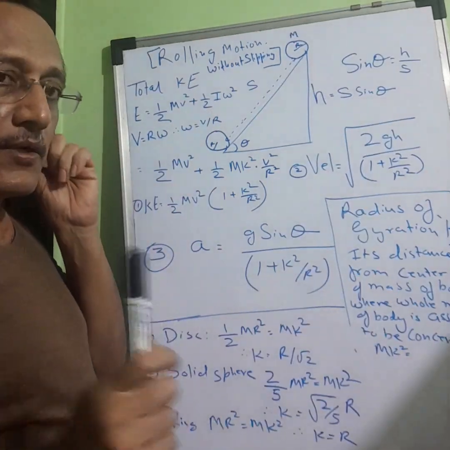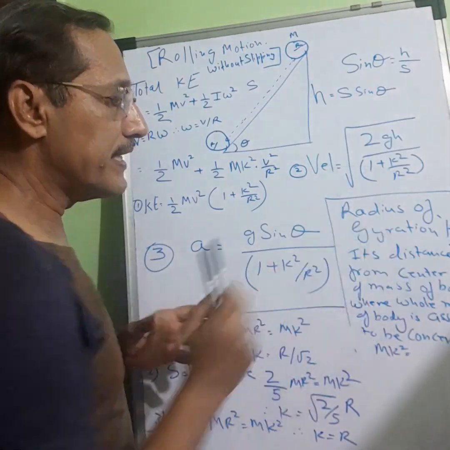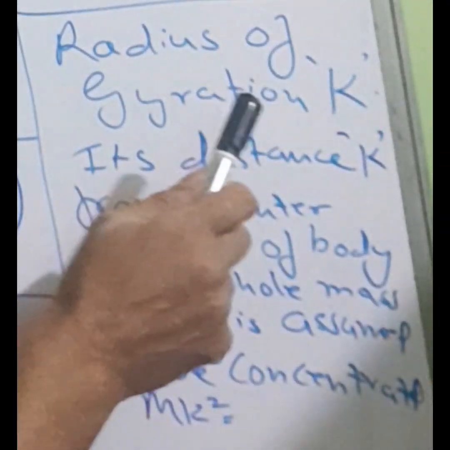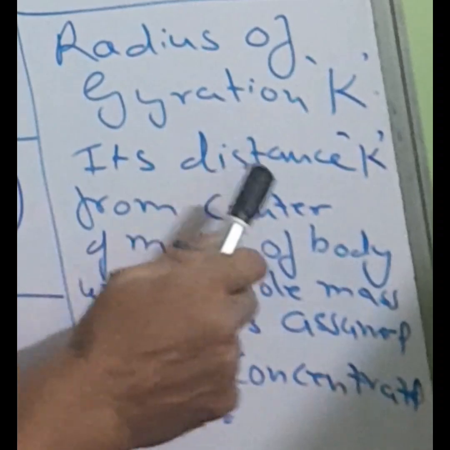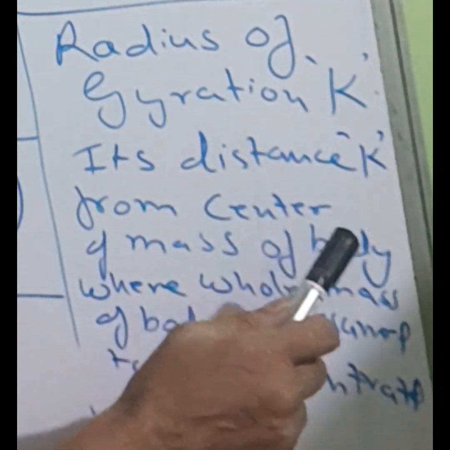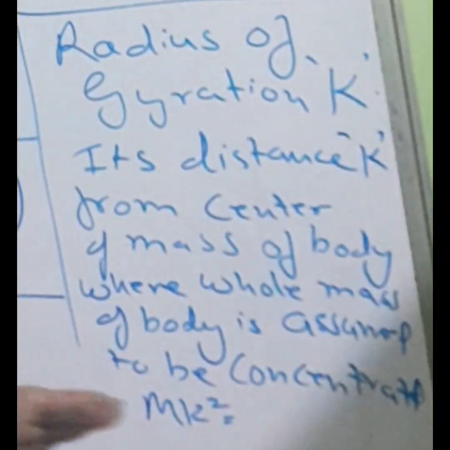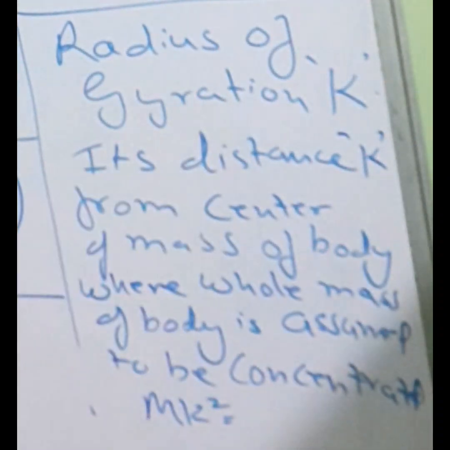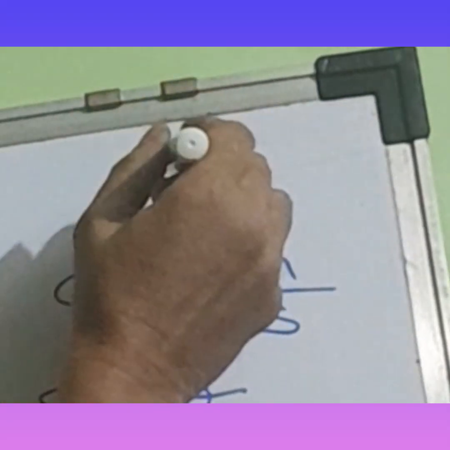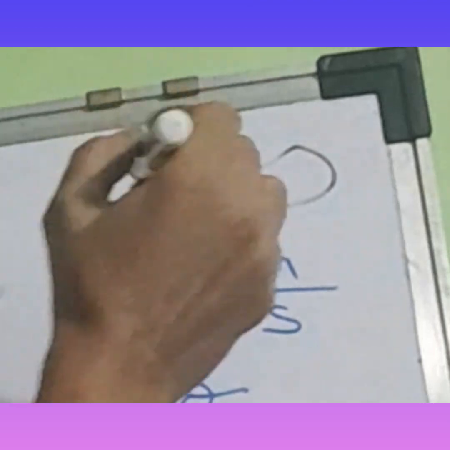Now prior to getting into this, let's understand something about radius of gyration k. It's the distance k from the center of mass of the body, where the whole mass of the body is assumed to be concentrated, and it is mk square. Suppose I draw a body here.